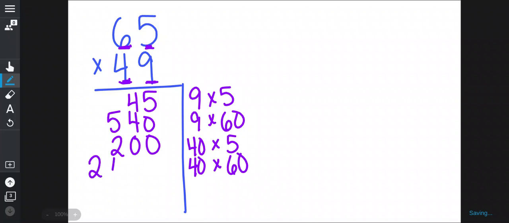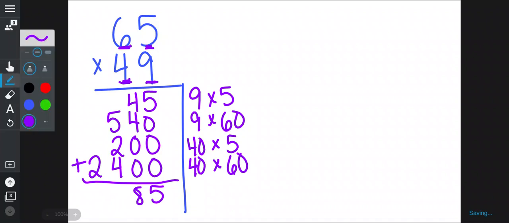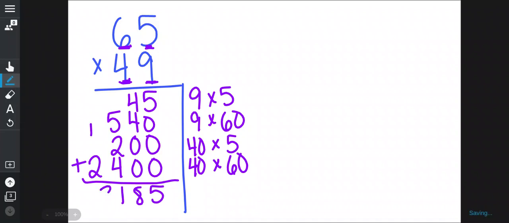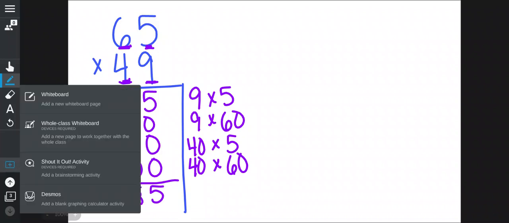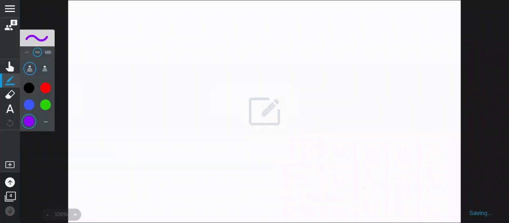Now I'm in my thousands, and I'm going to add those up. 5, 8. That's not right. Oh, eraser. I always forget. 11, 1, and 3. So I have 3,185.